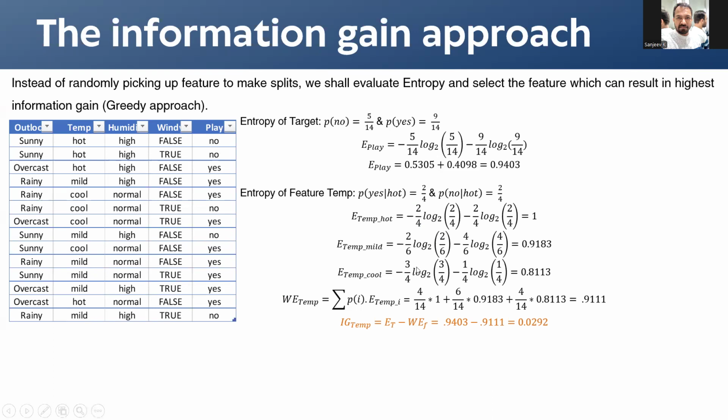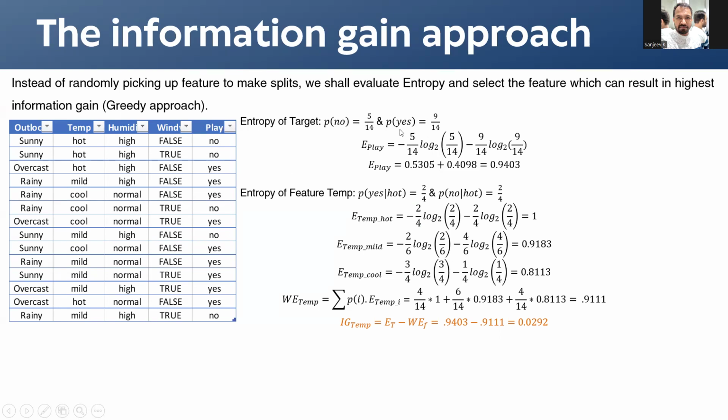So first we'll calculate the entropy at the target level. What is the target I have? Play is my target. And as you know, I have 14 records. Out of these 14, I can play 9 times. So the probability without considering any of the other factors is 9 by 14, correct?